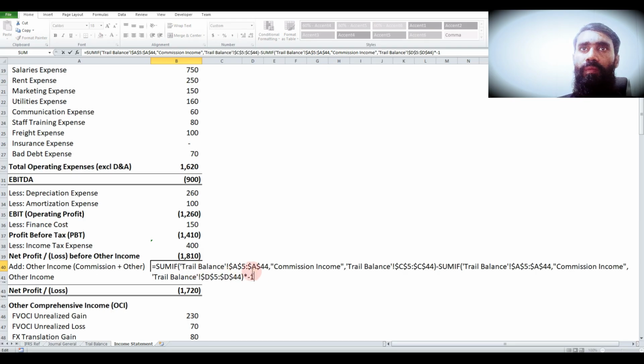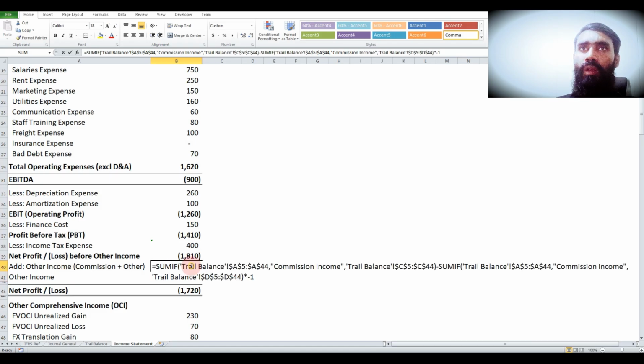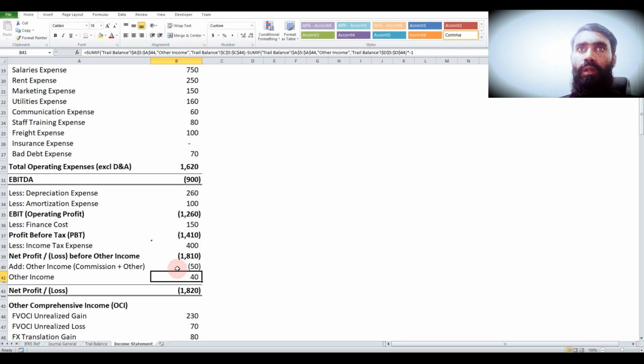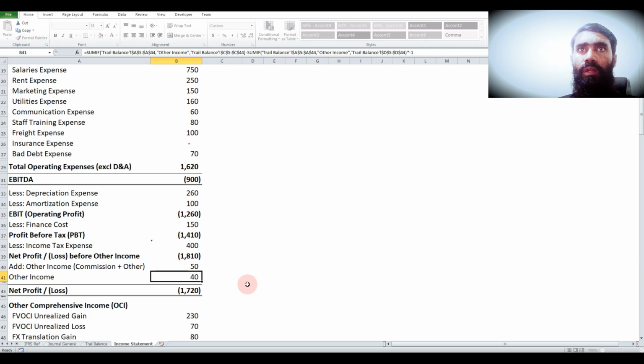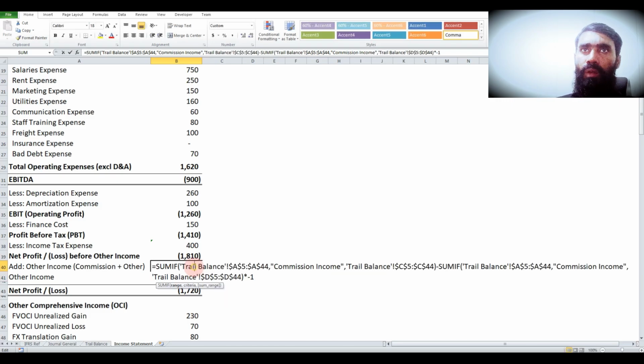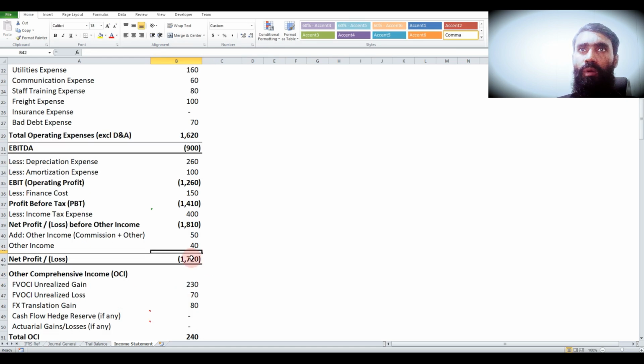I have. Why did I write here multiply by minus 1? Because it's a negative value. I have converted this into, let me show you. This is the negative value. Now I want to convert this into a positive value, so I typed here minus 1, this one also.